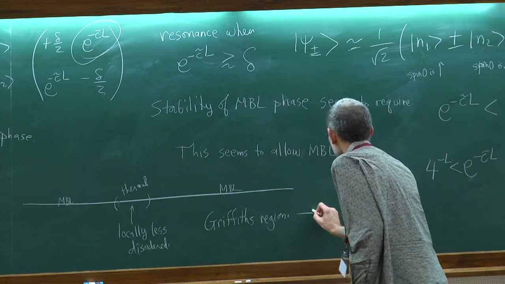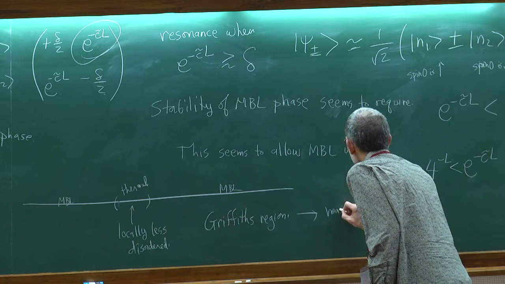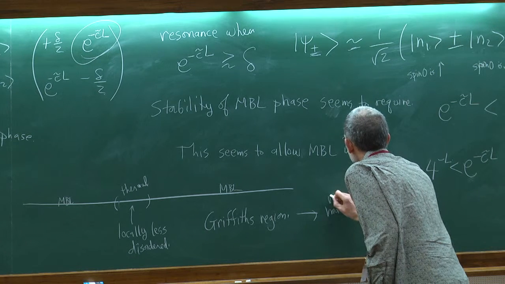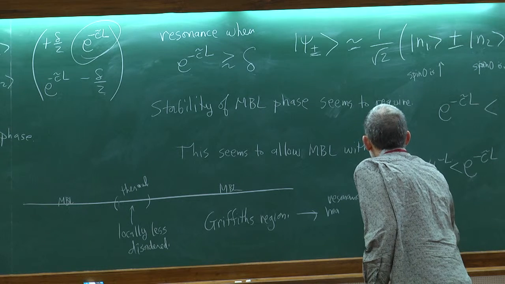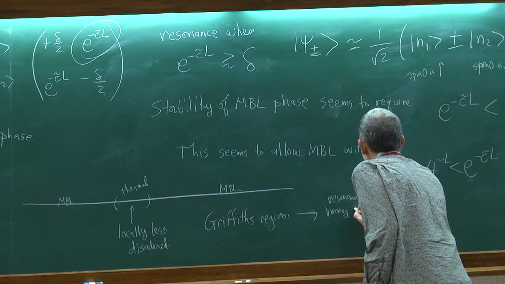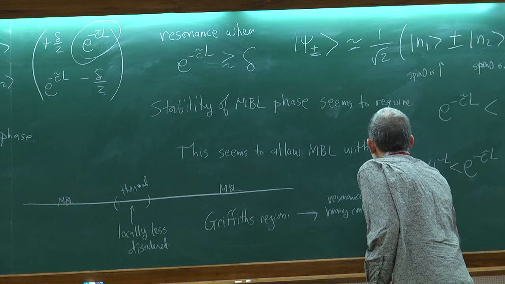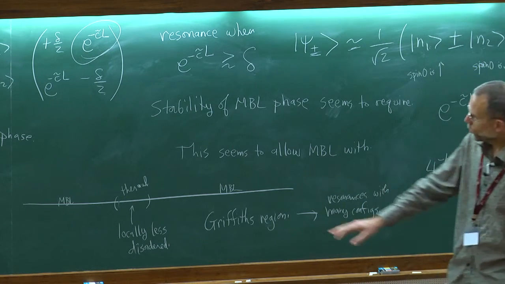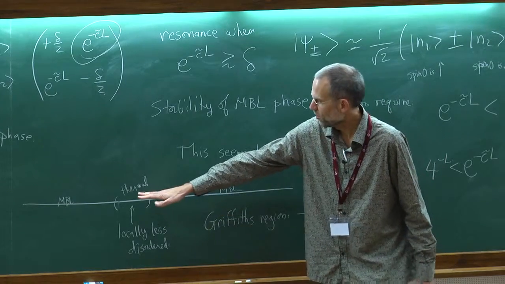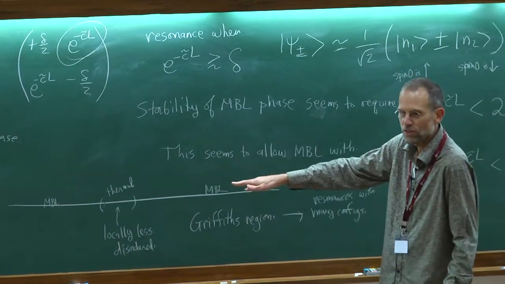And so these are resonances with many configurations. And these will occur also with a probability which is exponentially small in the length.